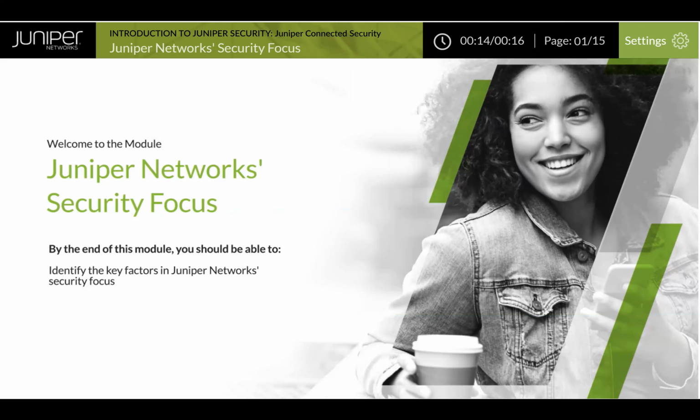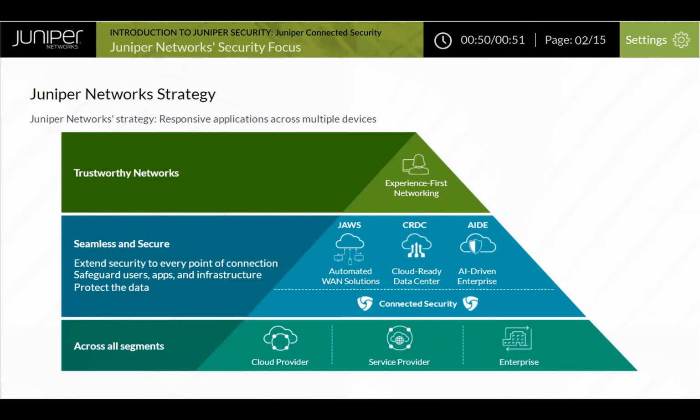Okay. These are just question and answers. I skipped this one. Juniper network security focus. So Juniper's network strategy is this one. To secure the network, they consider automated one solution, cloud-ready data center, and AI-driven enterprise.